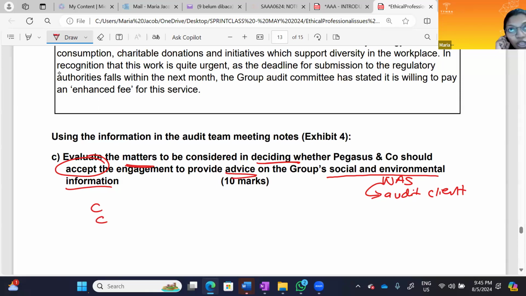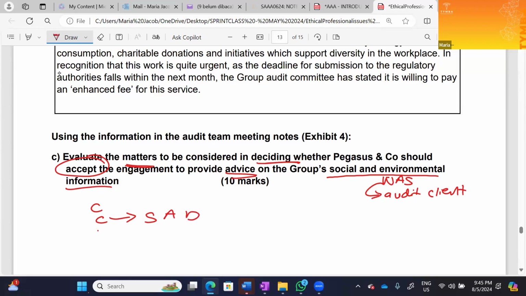Capabilities. Now that I'm doing the audit, am I capable of doing it? The size of the advice. Staff currently, with the current commitments, and can I meet the deadline?